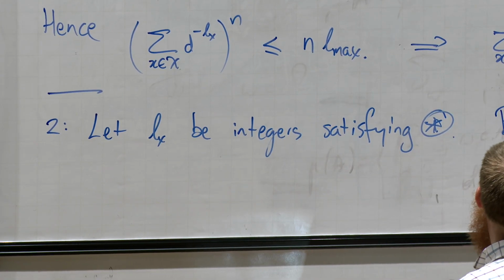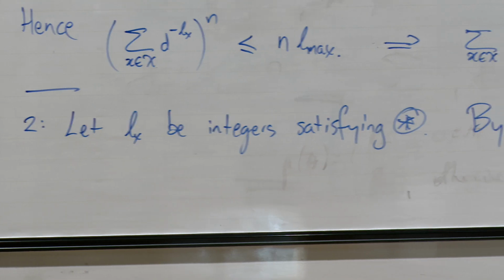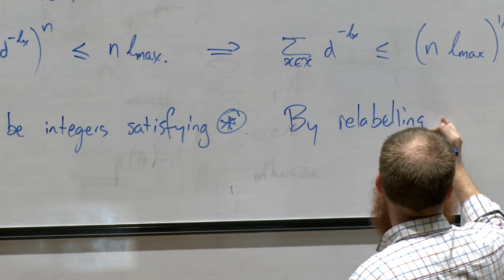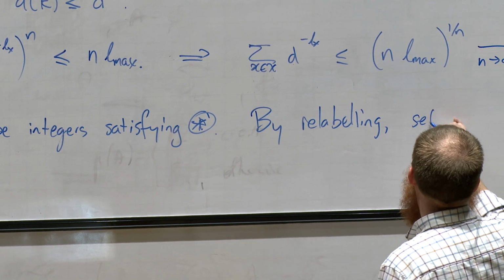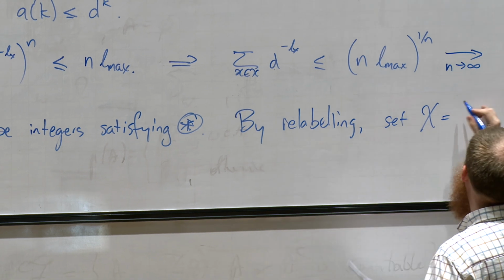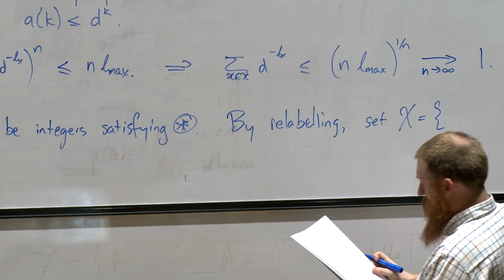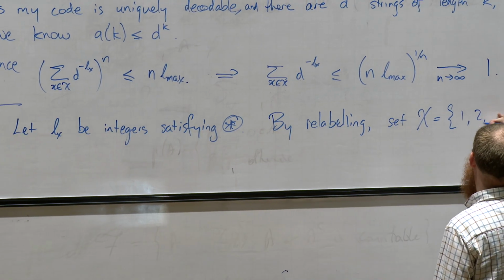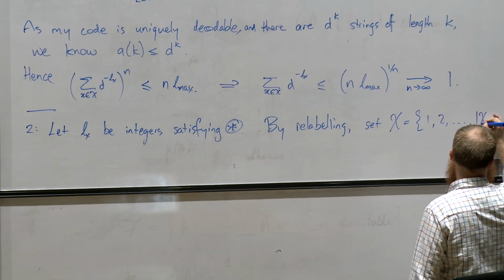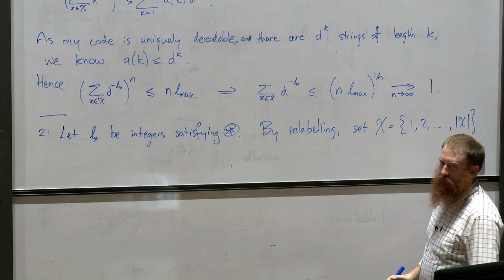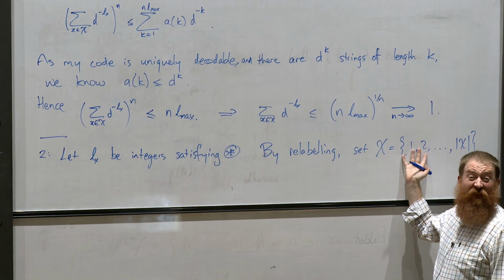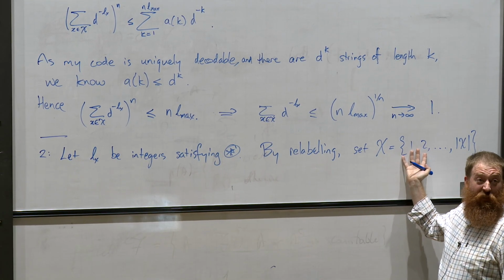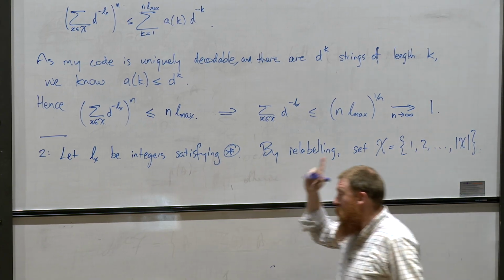So by relabeling, set X to be equal to, well, how many terms are there? There's the size of X. I can just make them 1, 2, up to the size of X. I'm just going to say this is the set. If it was something else, I'm just labeling them by these numbers.